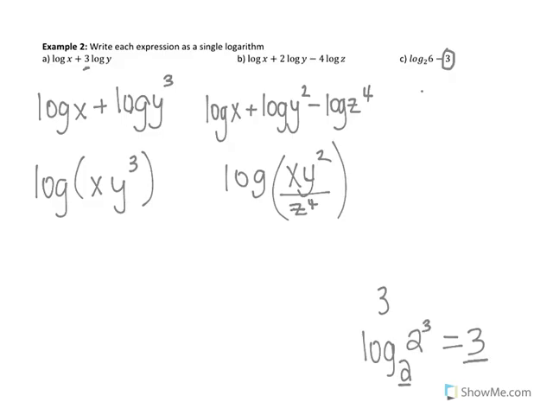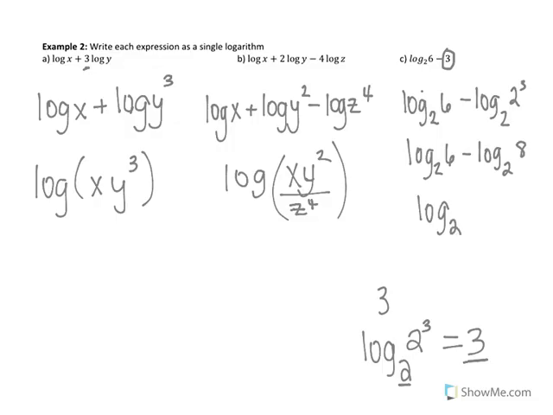If I do a log base 2 of 2 to the power of 3, it would be 3. So I have log base 2 of 6 minus log base 2 of 8. Now we can combine them, and it would be a subtraction, so we are dividing them. So it would be log base 2 of 6 divided by 8.